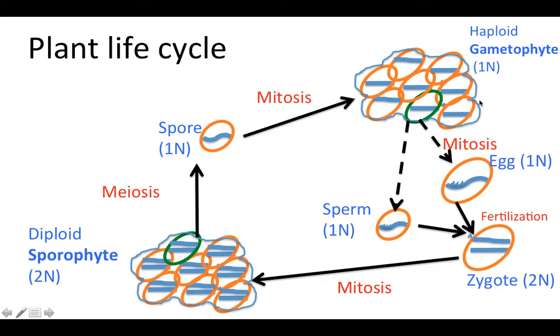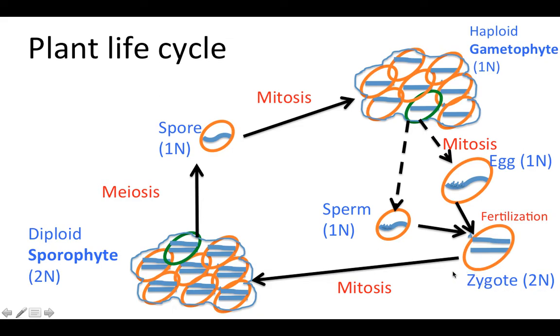Then for most of the bryophytes, this will either be male or female. If it is male, then by the process of mitosis, it will make sperm. If it is female, then by the process of mitosis, it will make an egg. Then, eventually, a sperm will hopefully reach an egg, and fertilization will occur, resulting in the formation of a zygote. Since they each contribute their DNA, we now have a diploid organism, or 2N.